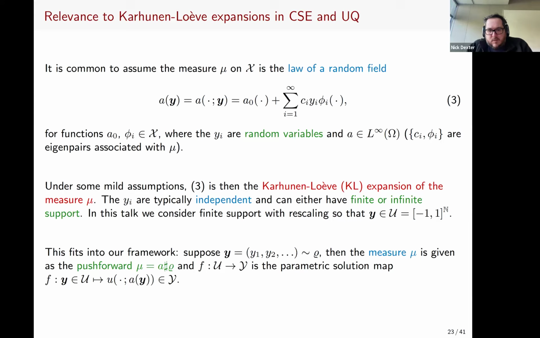Suppose that y is drawn from rho and the measure mu is given as the push forward a sharp rho. Then F is the parametric solution map, taking y to u of a of y.